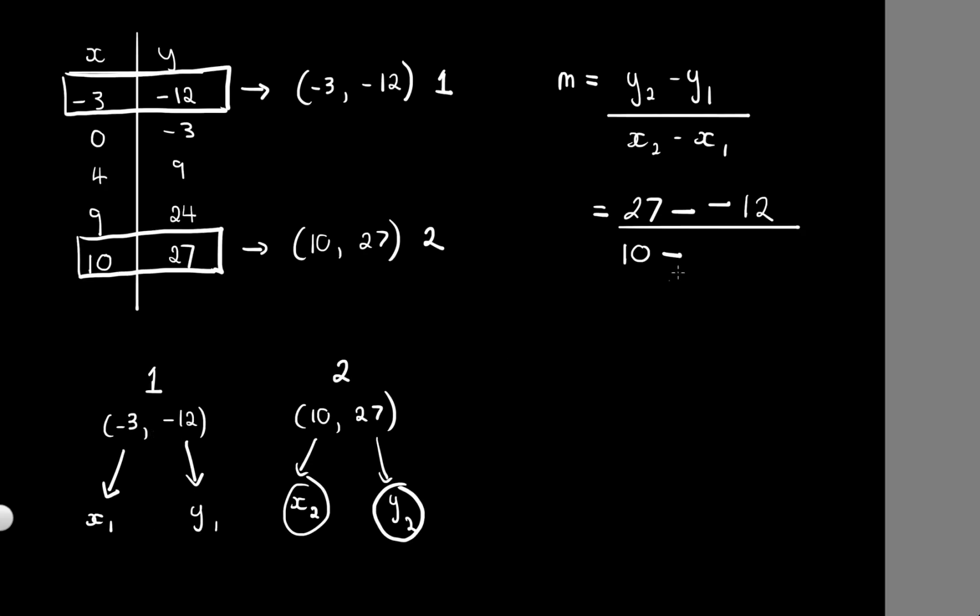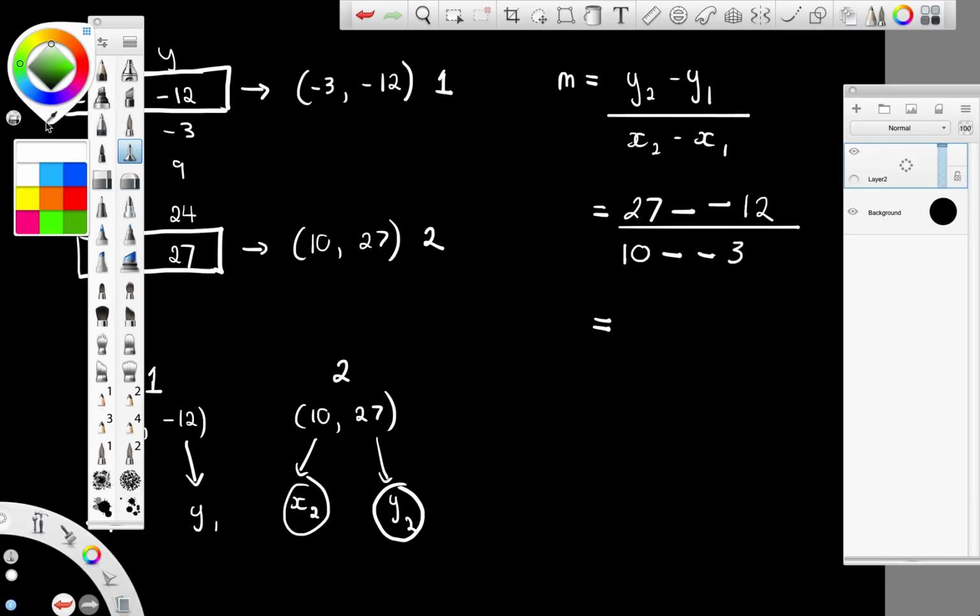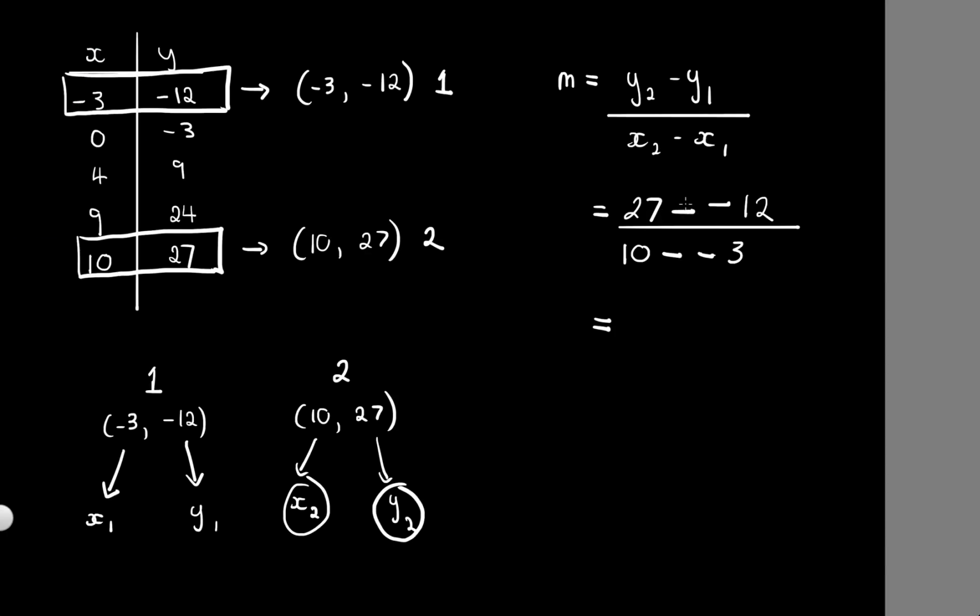So it'll be 10 minus negative 3. Now if we work this out, remember, if you get a minus minus, that changes to a plus positive. So that becomes plus positive. Likewise on the bottom, that will become plus positive.